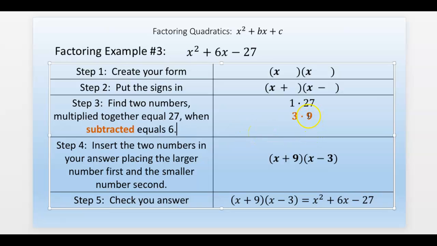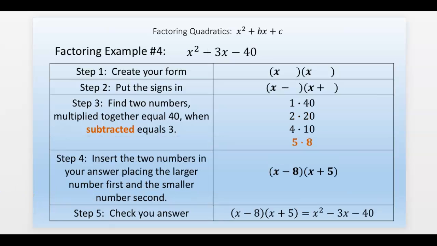And in this case, 9 minus 3 is 6. So 9 and 3 are the two numbers we're looking for. Just make sure you put the big one first. The 9 has to go with the plus, and the 3 goes with the negative. And again, you can multiply this out, all right, just to check your answer.